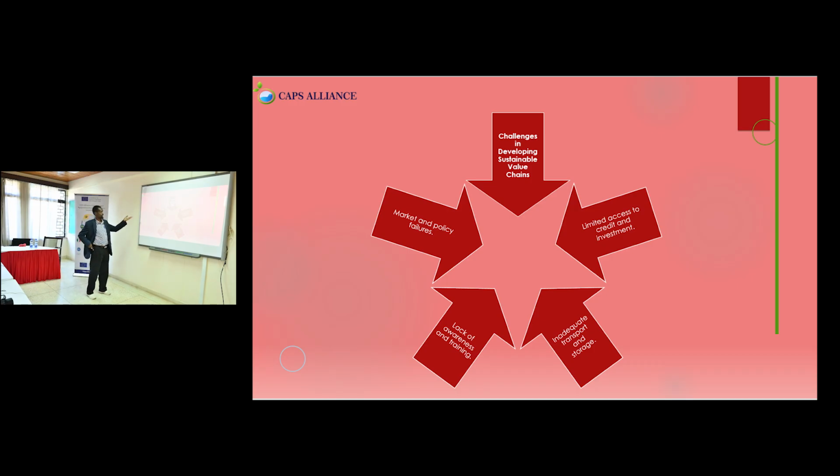First of all, we have market and market policy failures, which lead to unsustainable agriculture, challenges in developing sustainable value chains, and then lack of awareness and training.